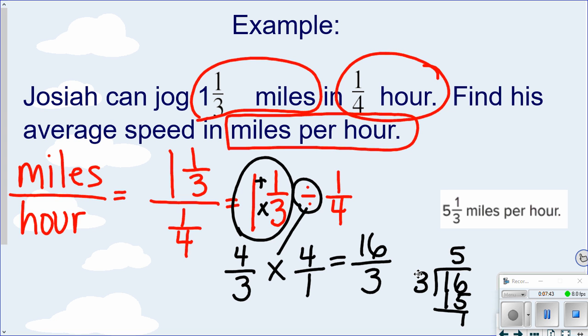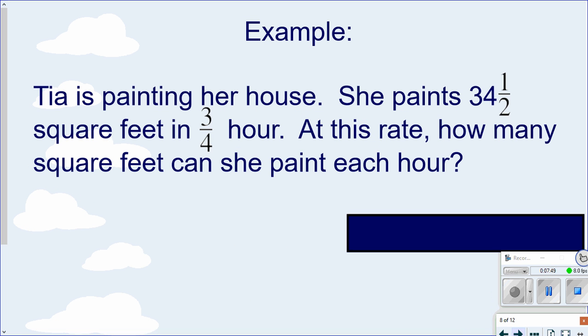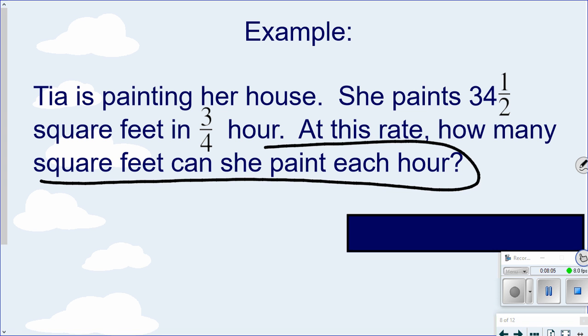Now for our final example for today is one last word problem. Tia is painting her house. She paints 34.5 square feet in 3/4 hours. At this rate, how many square feet can she paint each hour? So right here, this is the rate that they're asking for.